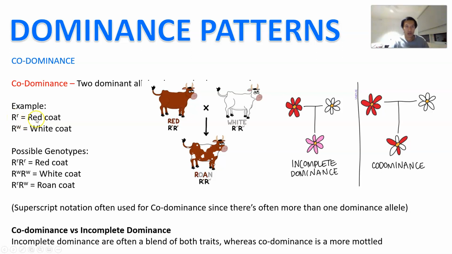R^R R^R is a red coat, R^W R^W is a white coat. So you have three possible genotypes in this particular case: R^R R^R, which is red, R^W R^W, which is white, and if you have R^R R^W, you have a roan coat. A roan coat is that typical dairy cow coat color, patches of red and white, which tells you that it is a codominant feature, because you have both being fully expressed.